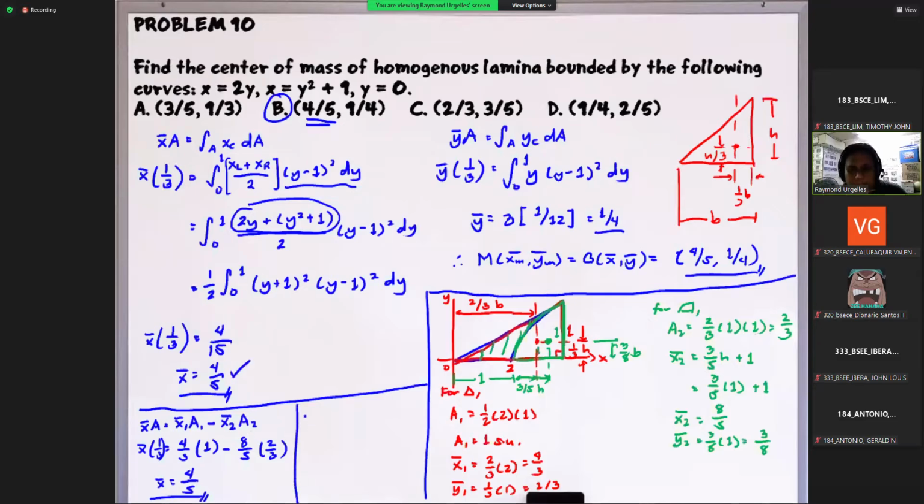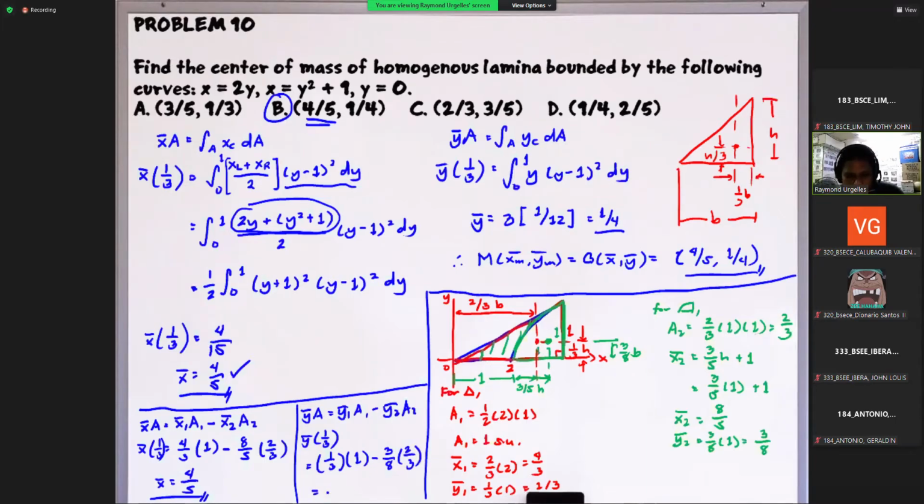For y bar, y bar times the area is equal to y1 bar a1 minus y2 bar a2. Then this is y bar times 1/3. Our y1 bar is 1/3, our a1 is 1, our y2 bar is 3/8, and our a2 is 2/3.